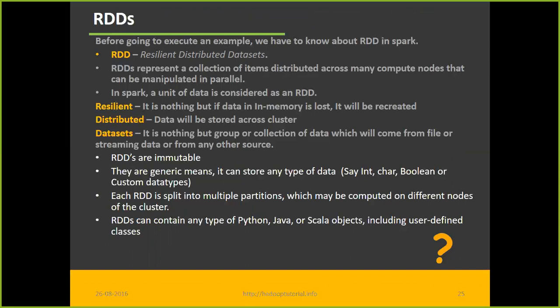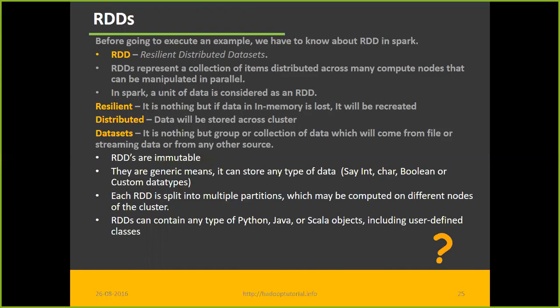Before we go to the much more complex programming, first we understand what is an RDD. So RDD is nothing but a collection of data. Definition wise, I can give you so many terminologies, but in layman terms, you can treat this as a file.